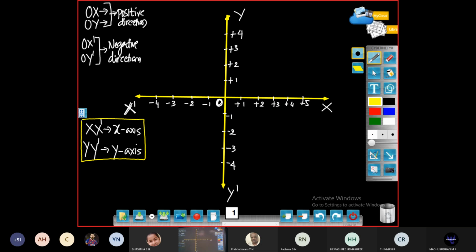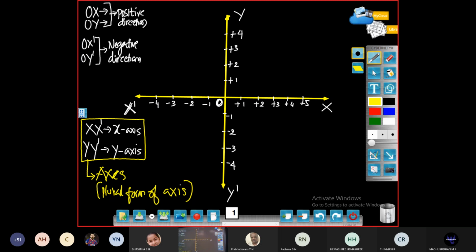These two together are called axes, the perpendicular axes. Axes is the plural form of axis. Axis means singular, axes means plural.